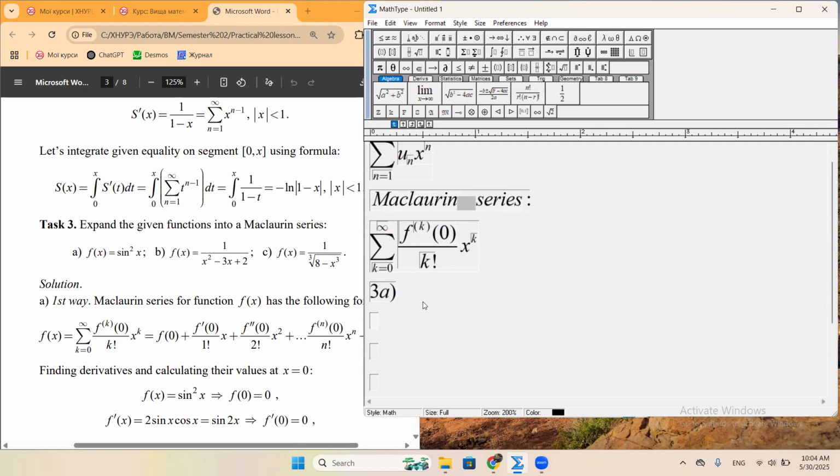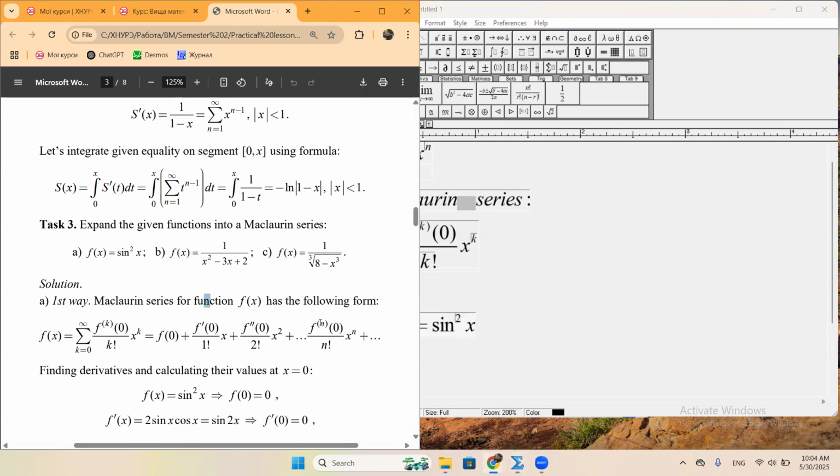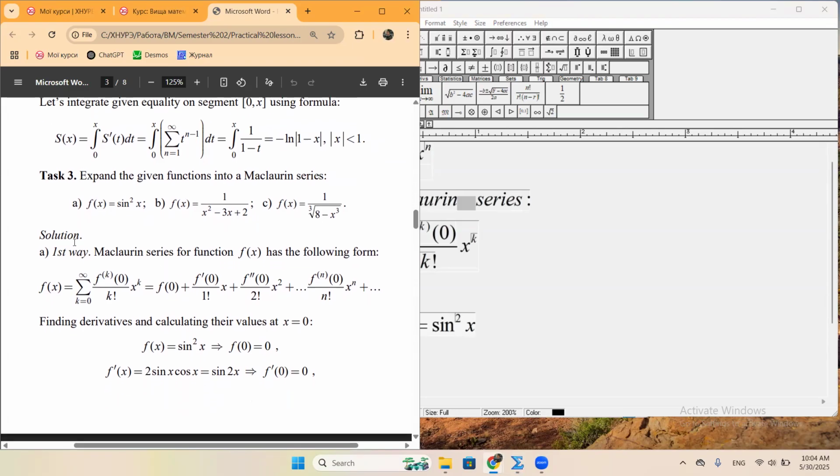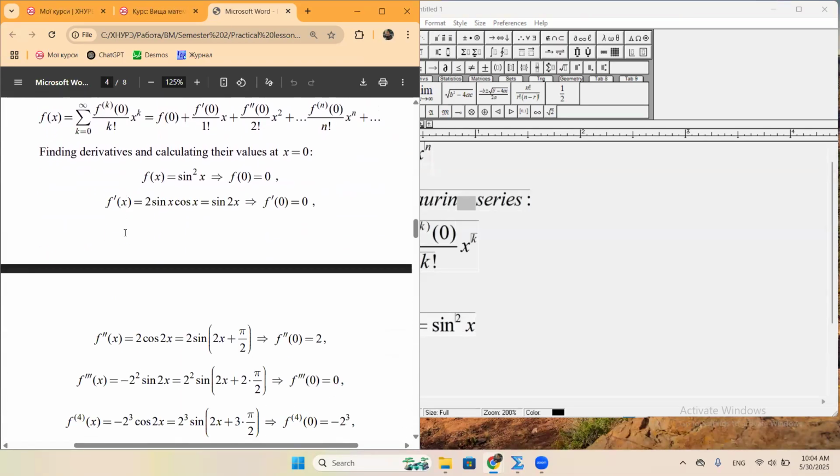Okay, so we will expand the following function. f of x equals sine squared of x. There are two ways to solve this task. The first way we will just look through, and we will use the second one. So the first way is to calculate derivatives of this function.